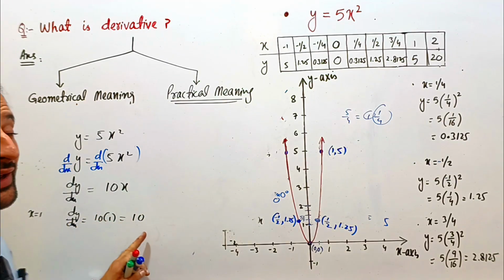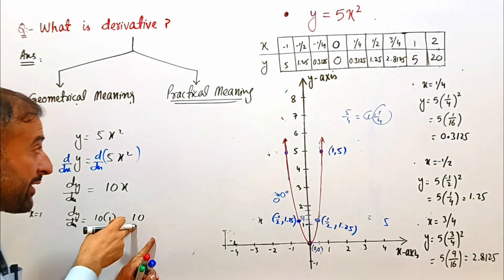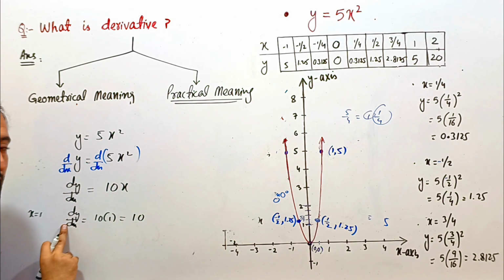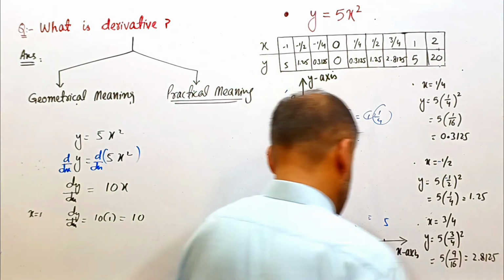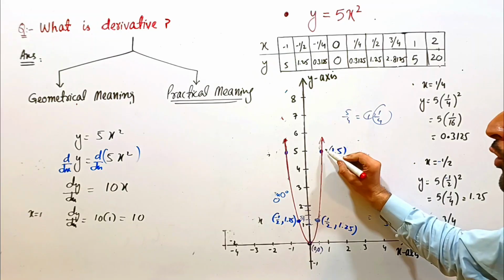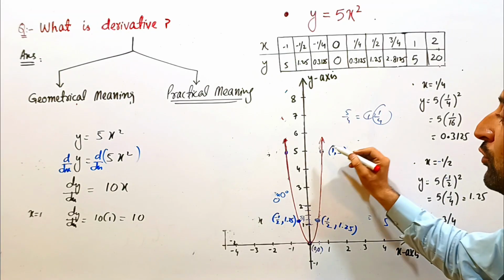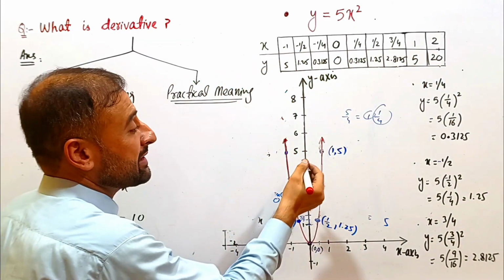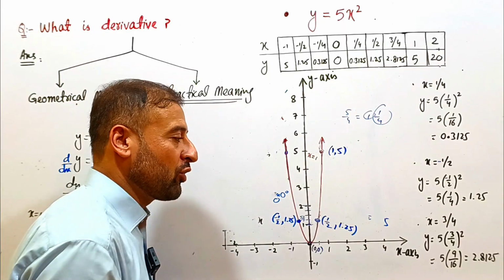What does it show? It shows the slope of the tangent line that will be drawn to this curve, to this function at x is equal to 1. Of course x is unique for a function. You can't have two y values for a given x, otherwise it will not be a function. X is equal to 1 is this point.